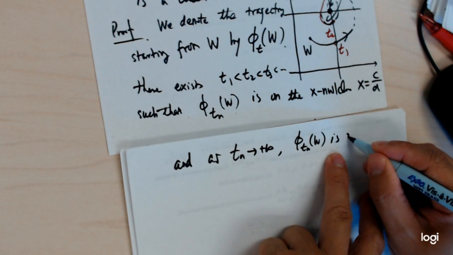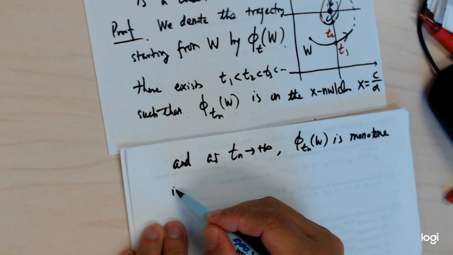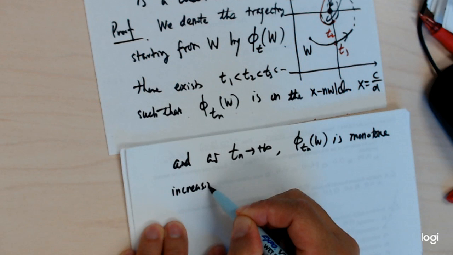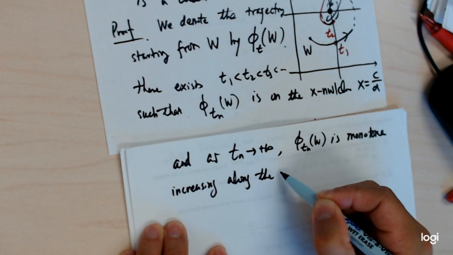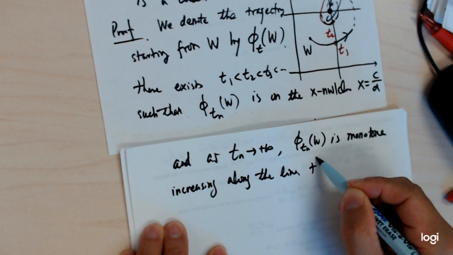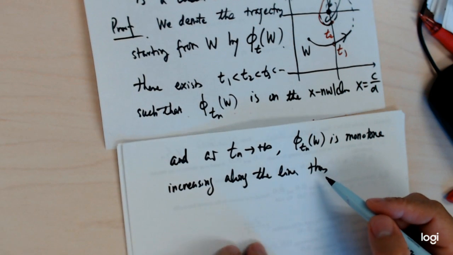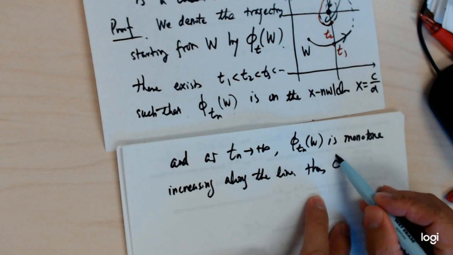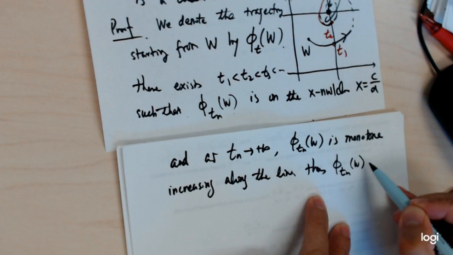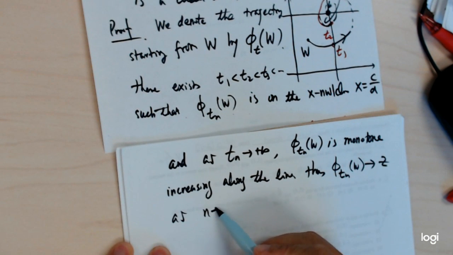So this is monotone increasing along this line. And thus, it'll approach Z as n goes to infinity.